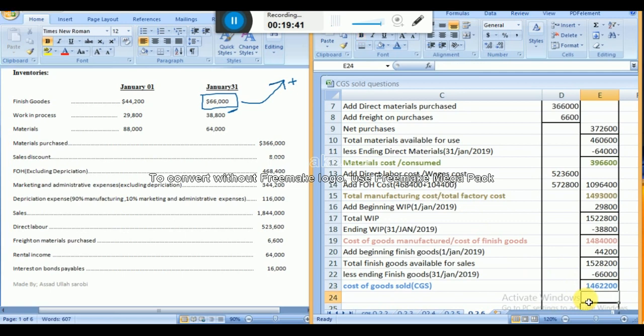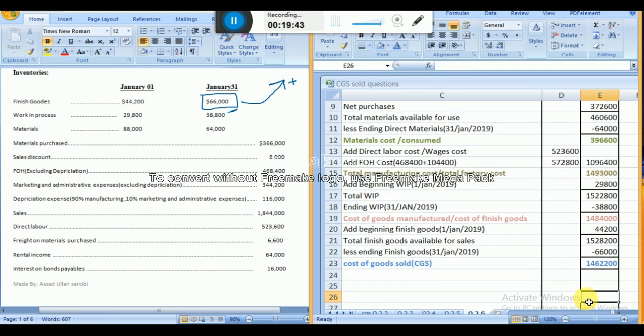Clear? So in this way we calculate the cost of goods sold for the month of January. It means that in the month of January we exactly sold goods of 14,62,200.